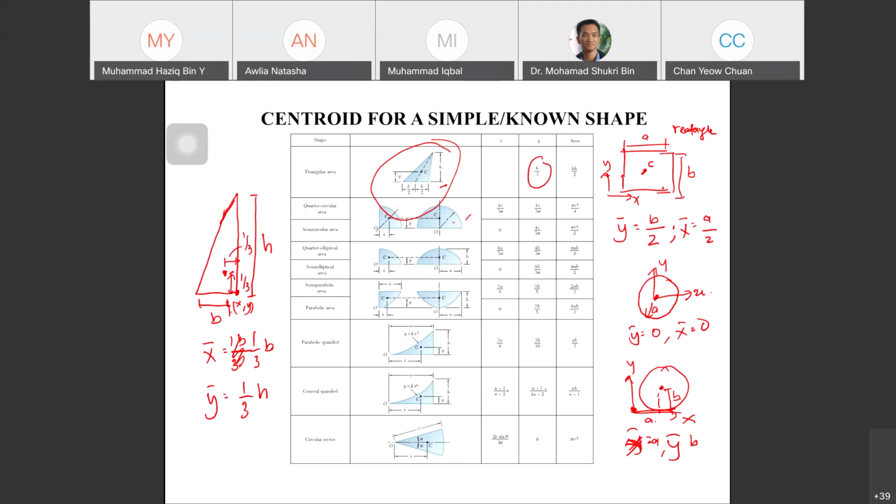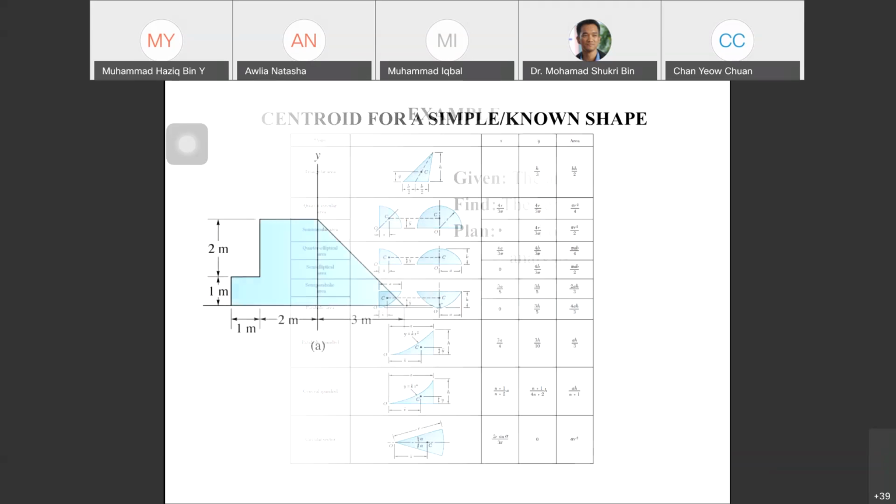The location for the semicircle is 4r over 3 pi. Y bar is 4r over 3 pi. If you cannot see clearly, you can download the slide from uLearn, where you can see the clear font for this.